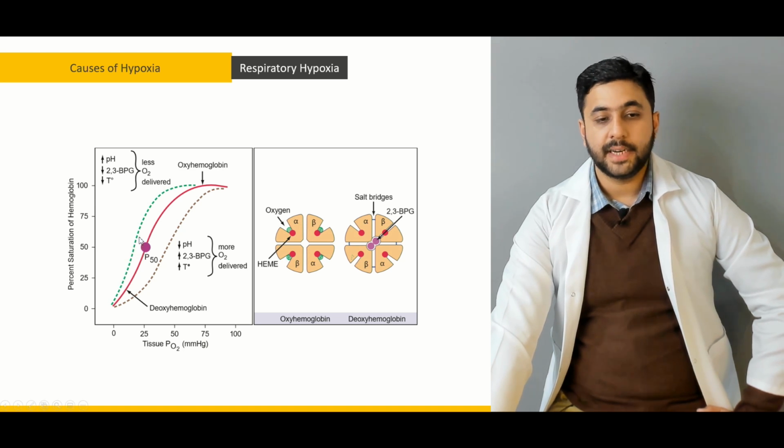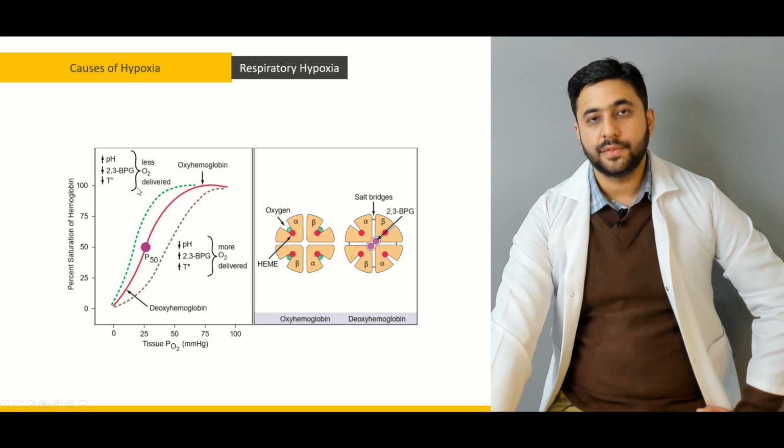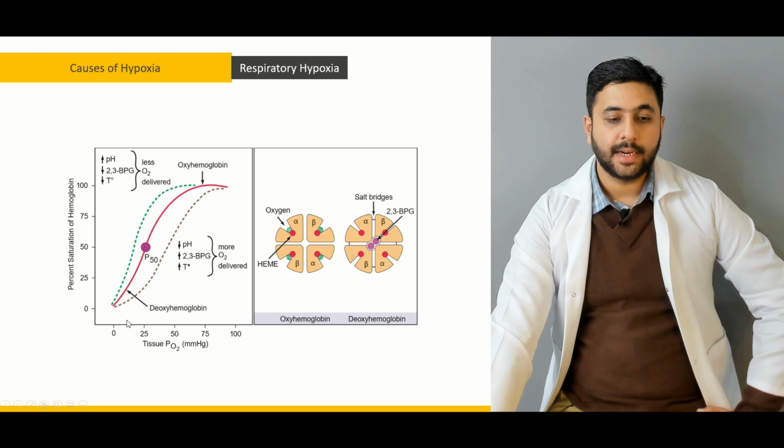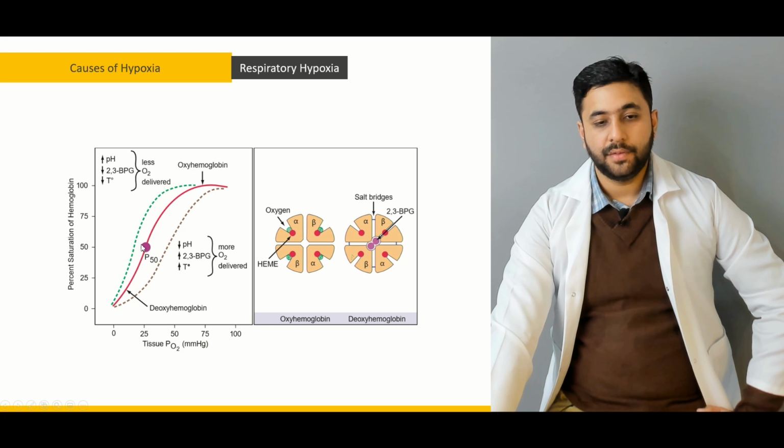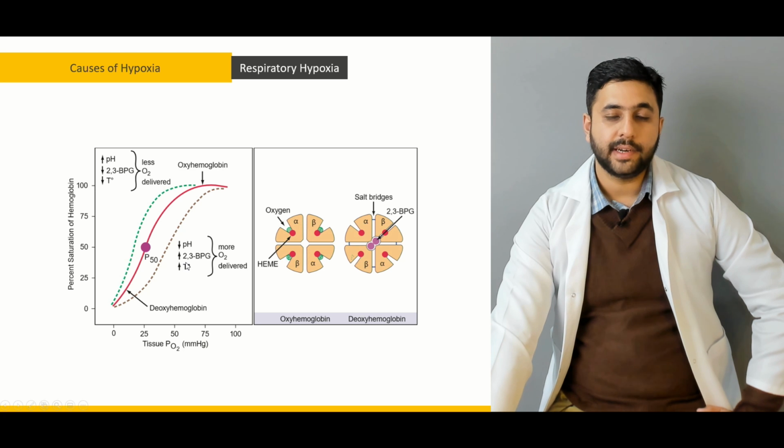But with an increase in the affinity for oxygen, you can see here that at levels around 15 or 20 millimeters of mercury, the 50% of hemoglobin is saturated. And conversely, whenever there is a decreased affinity for oxygen or an increased unloading of oxygen, the P50 goes up. For example, here the 50% of saturation occurs somewhere around 50 millimeters of mercury.